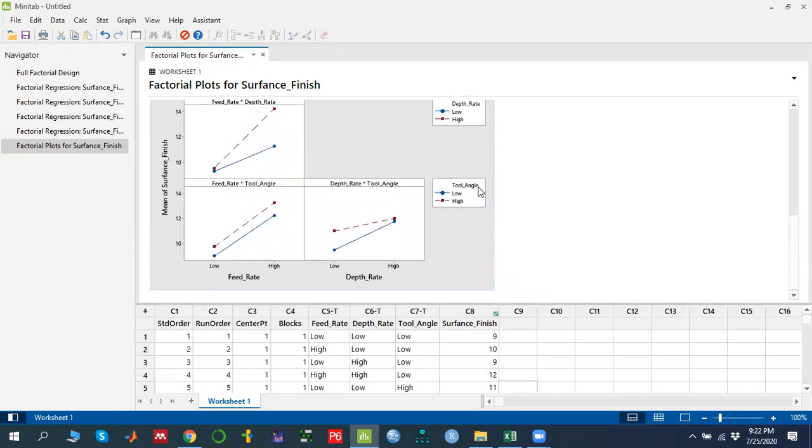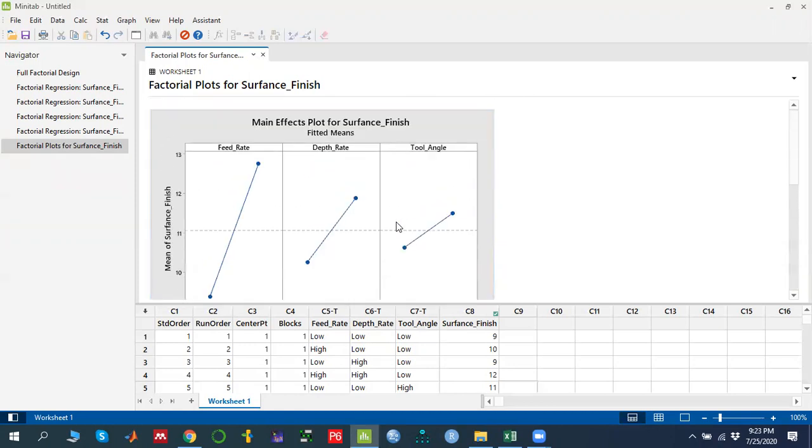Similarly, in the interaction plot, if the lines are cutting or crossing each other, then we can say that those two factors' interaction is significant on the surface finish. From this graph, it might be possible that the feed rate and depth rate, as well as depth rate and tool angle, significantly affect each other through interaction.